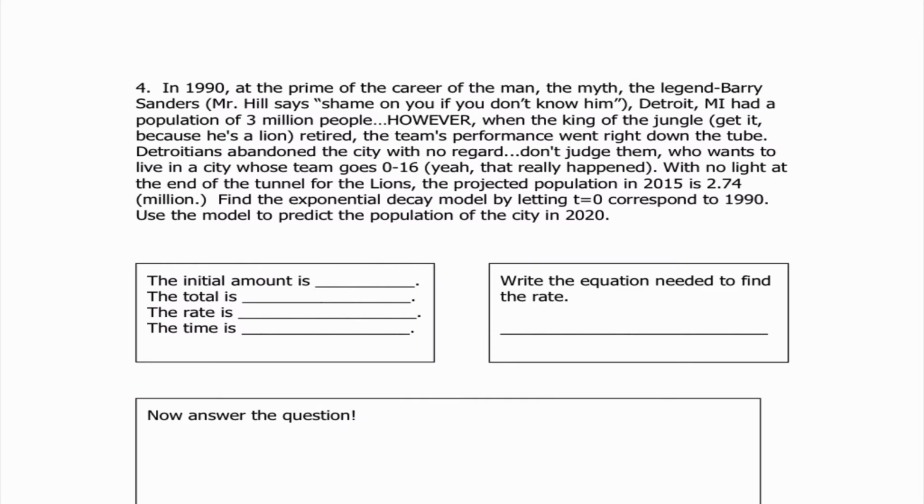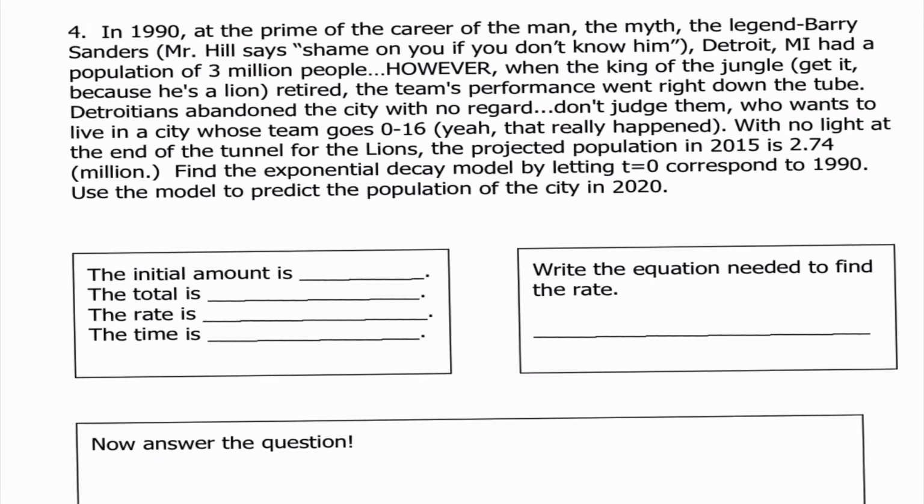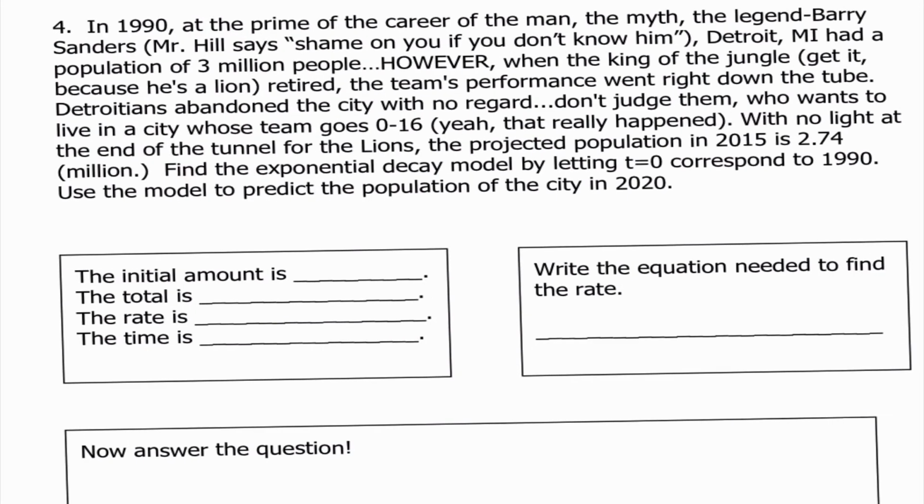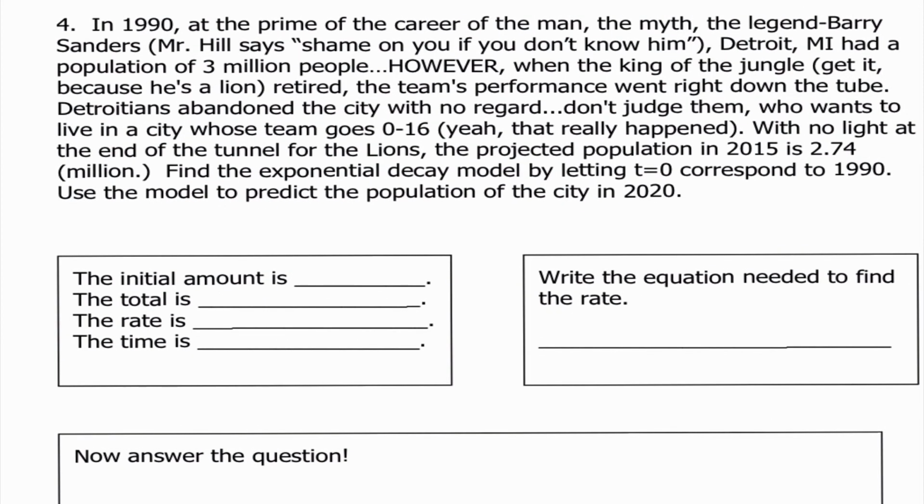So once again, this is a problem where we have a ton of info. So let's go ahead and find the important information that we need. I think all this stuff at the beginning, the only thing that matters is in 1990 there are 3 million people. Everything else, we can just forget about it. Who cares what their record was?